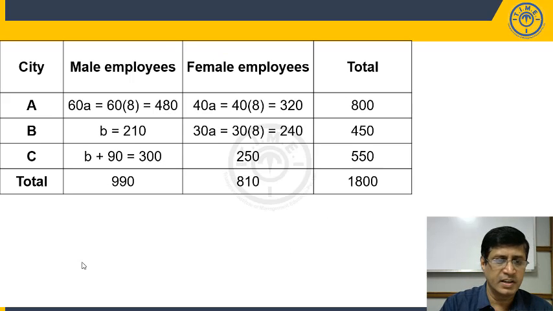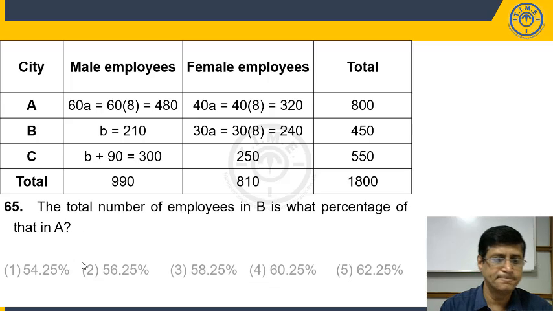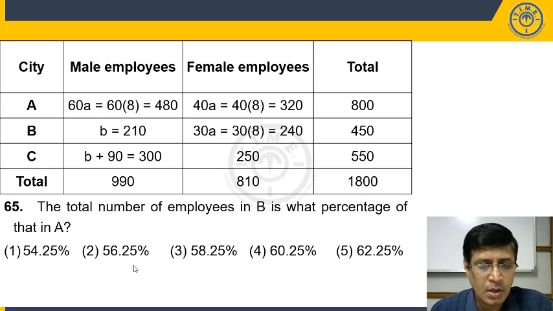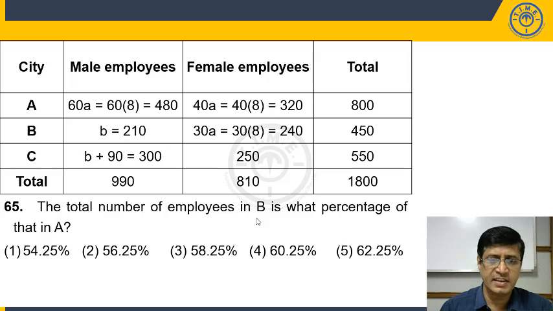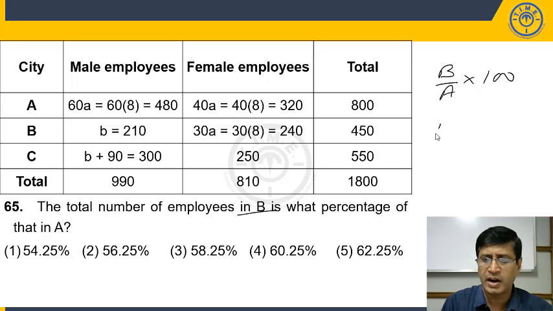Now look at the next example on your screen. The total number of employees in B is what percent of that of A? Total number of B is 450 whereas A is 800.